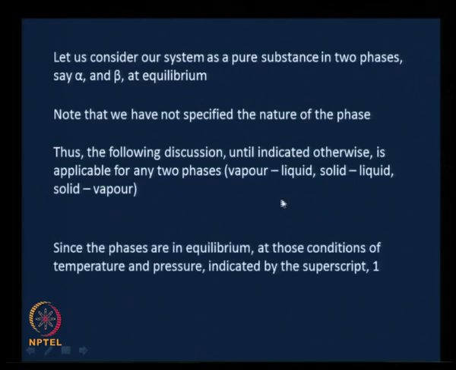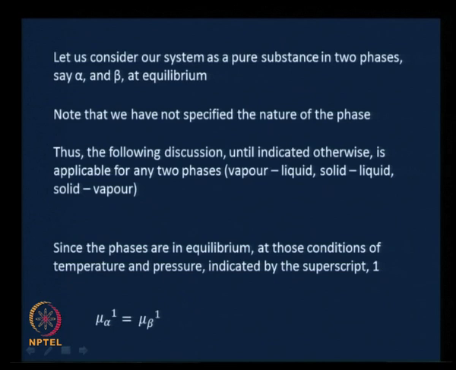Since the phases are in equilibrium, at those conditions of temperature and pressure, which we will indicate by the superscript 1, we can certainly write from the condition of equilibrium, mu alpha at the conditions specified by the temperature and pressure, we will indicate that by 1, must equal mu beta, which is the chemical potential of the pure component in the beta phase.